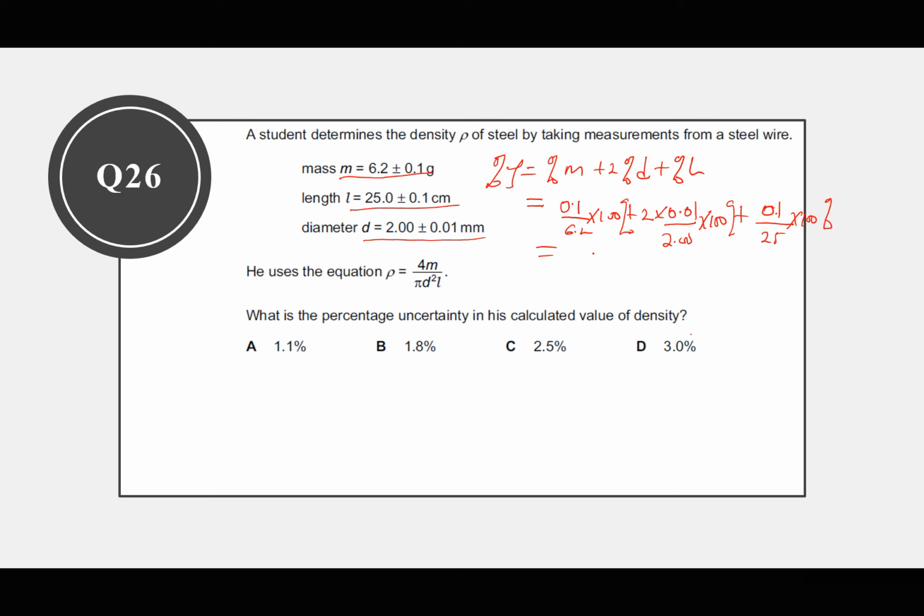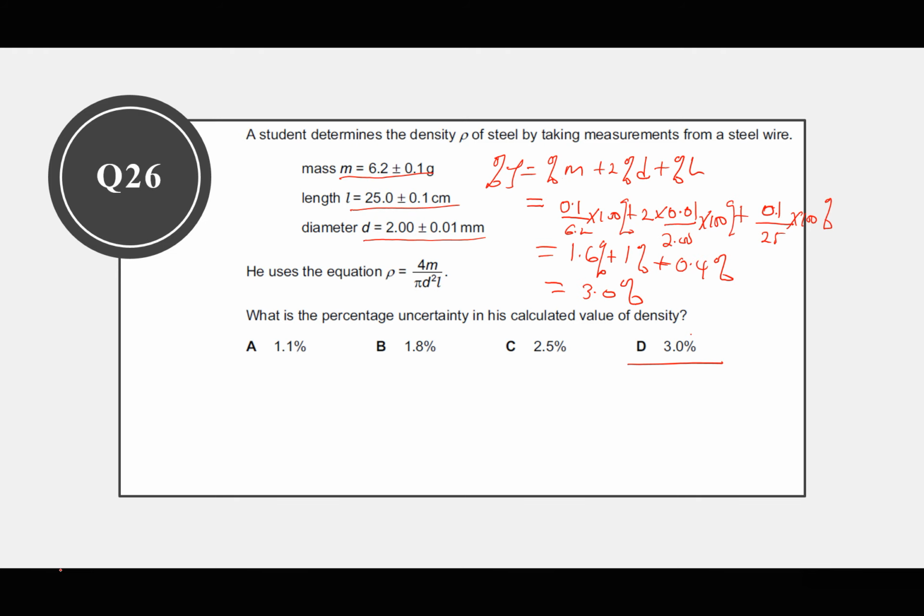So this is 1.6, plus 0.02 divided by 2 times 100. Oh, this is 1%. So this is 1.6% plus 1% plus 0.1 divided by 25 times 100, this is 0.4%. So when you sum up, I think you get 3.0. So this is giving us 3.0%. So the answer is D.